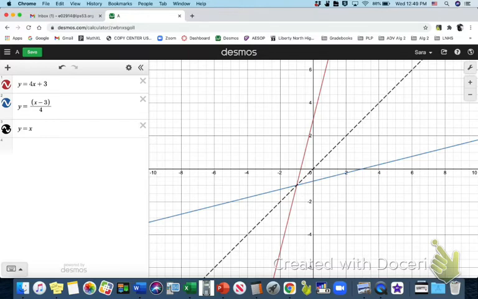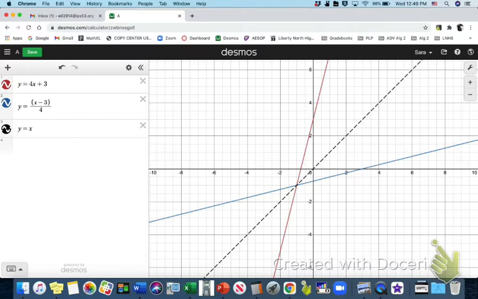What is happening is that on the red line, we have the point (0, 3). And then if you look on the blue graph, we have the point (3, 0). So literally the x and the y values are interchanging, and that enables the graph to be reflected over that diagonal line y equals x.